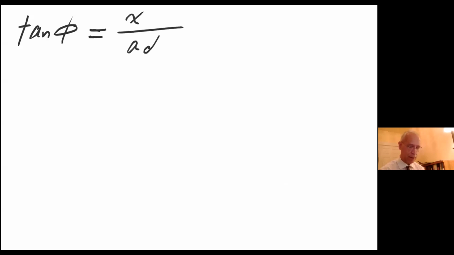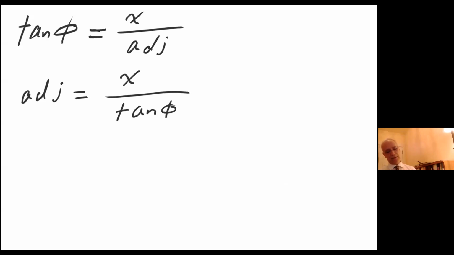The first thing I can claim is that tangent of phi equals side opposite, in this case x, over the adjacent. And this means that the adjacent equals x over tangent of phi.